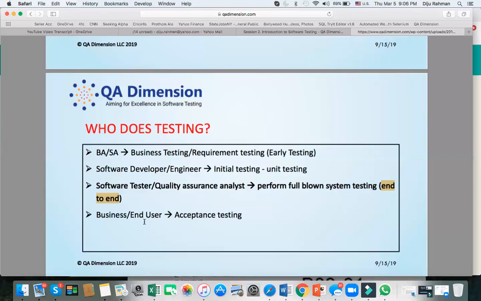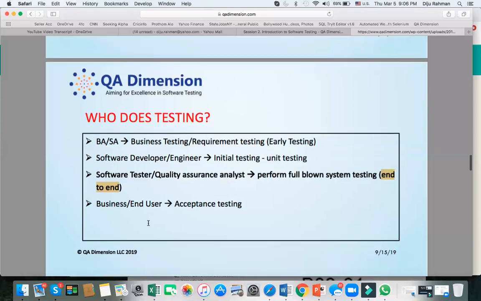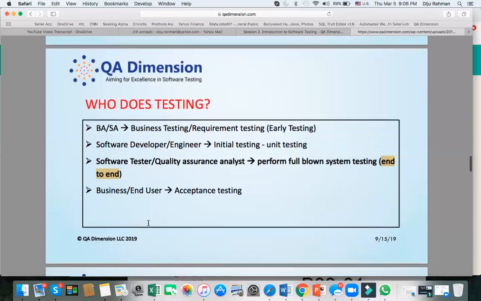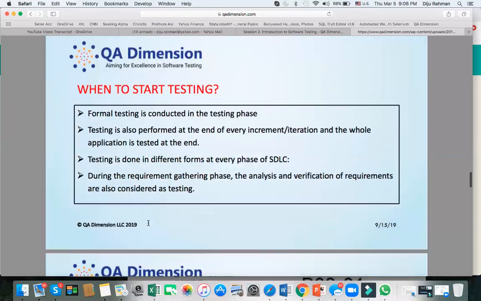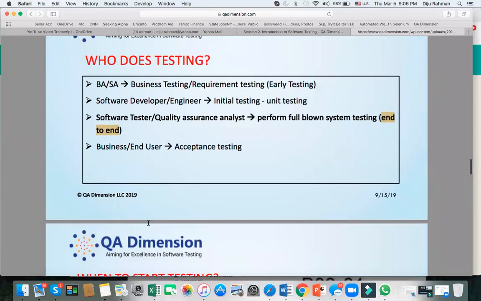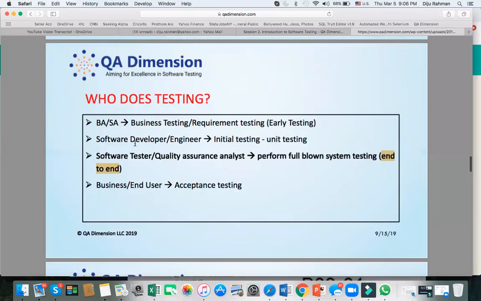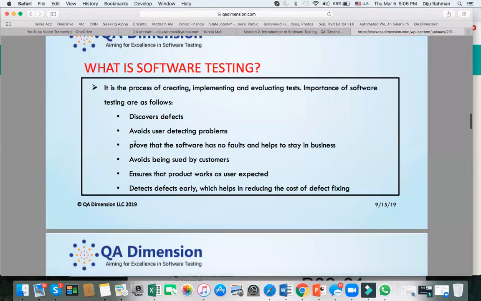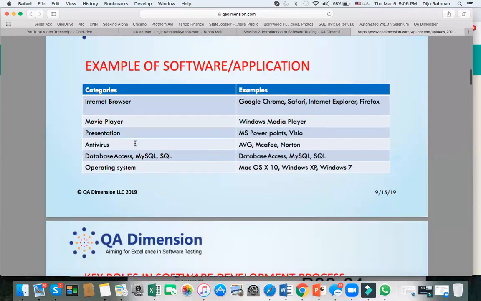And the last is end user, which means acceptance testing, meaning business testing. Whenever business performs any sort of testing, it's called acceptance testing. So business testing is UAT. Sometimes business does that, sometimes UAT testers also do it. It varies from company to company, right?